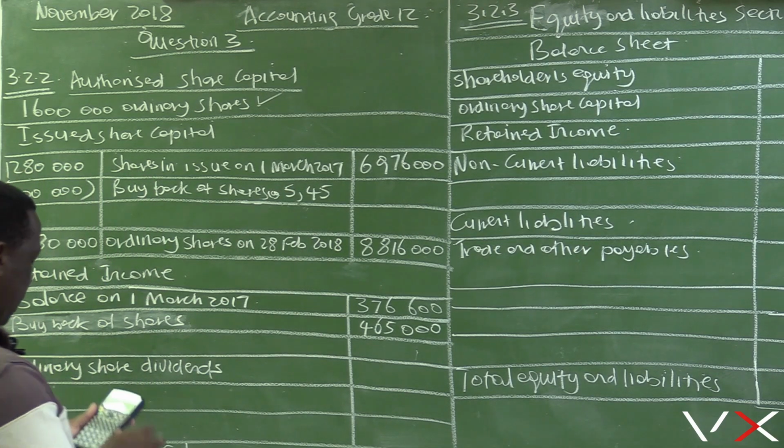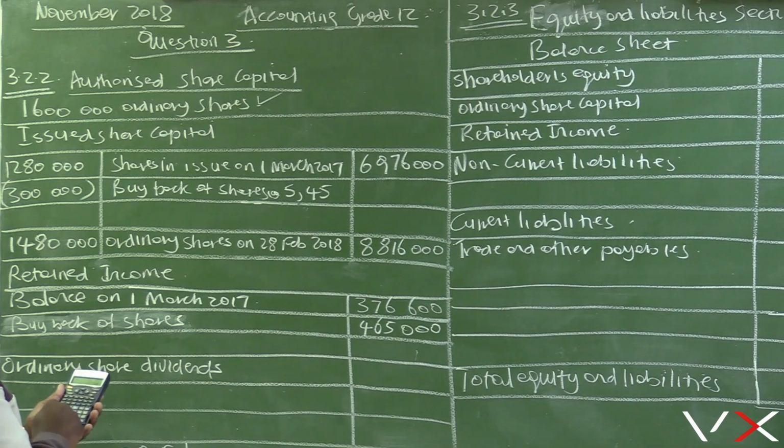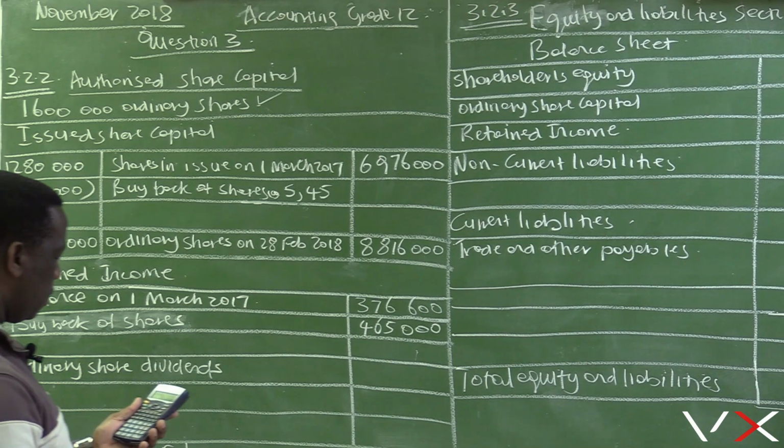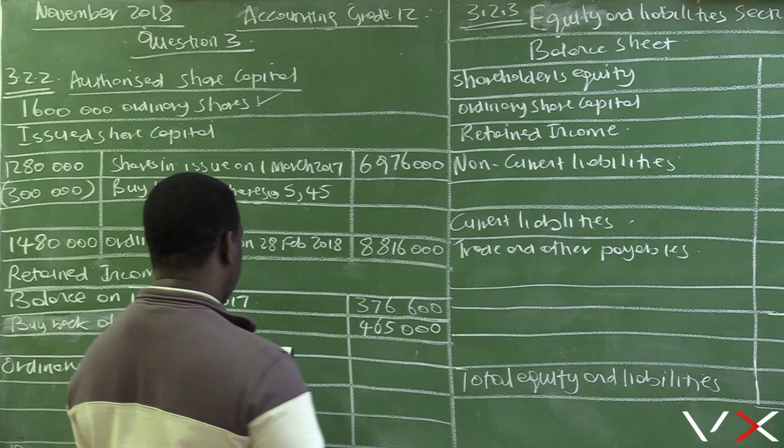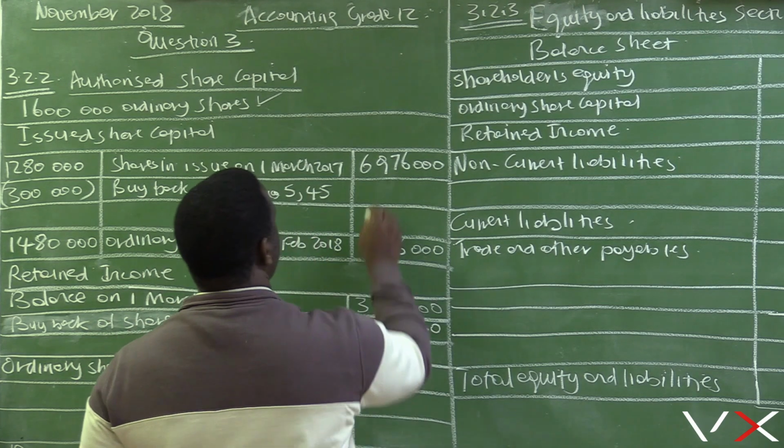So 300,000 multiplied by R5.45 equals 1,635,000.